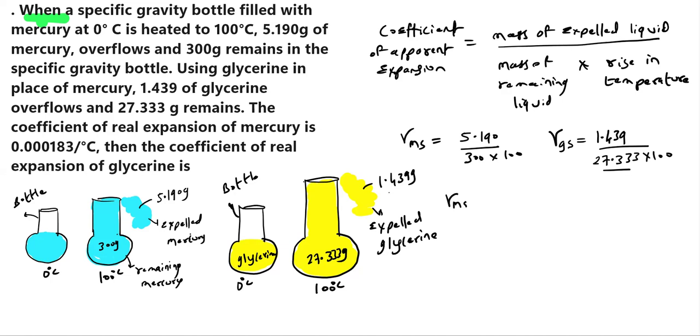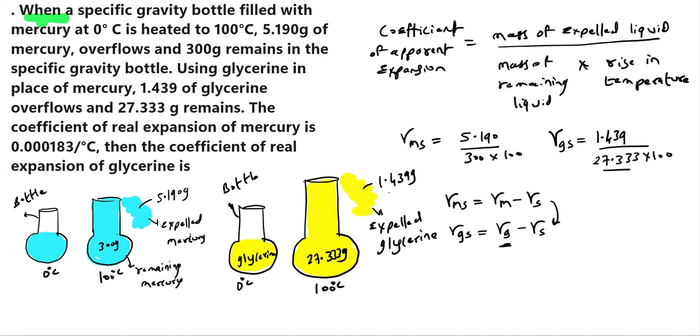Gamma MS is equal to gamma of mercury minus gamma of specific gravity bottle. Similarly, gamma of glycerin with respect to specific gravity bottle is equal to gamma of glycerin minus gamma of specific gravity bottle. It's asking now the real expansion of the glycerin.